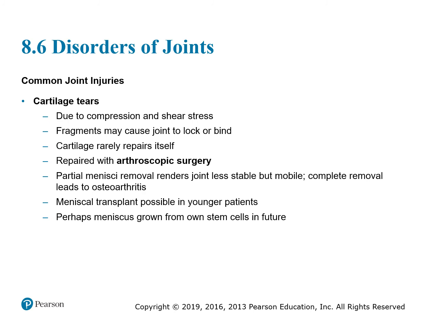A partial meniscus removal can render the joint less stable, but increase mobility. A complete removal of the cartilage or the meniscus can lead to osteoarthritis. Meniscal transplants are possible in younger patients. Perhaps a meniscus grown out of your own stem cells we may see in the future, and there's quite a bit of study in that direction.